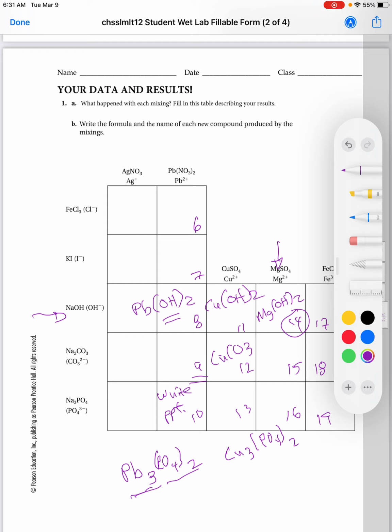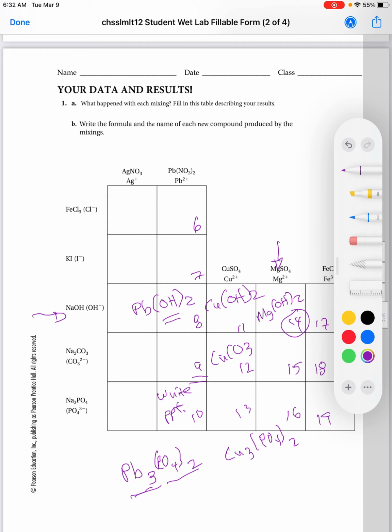It acts as a suspension and therefore looks milky because of the precipitate. This magnesium hydroxide does not need a Roman numeral because magnesium is always +2. It's a group 2 metal.